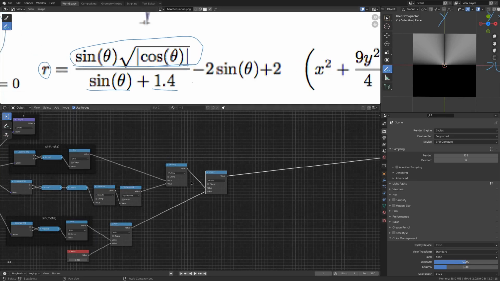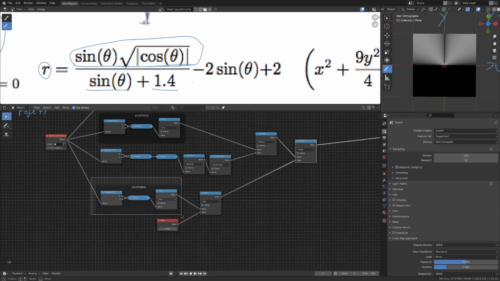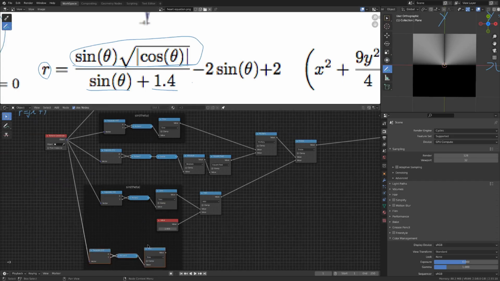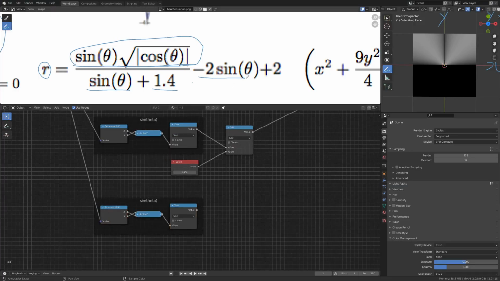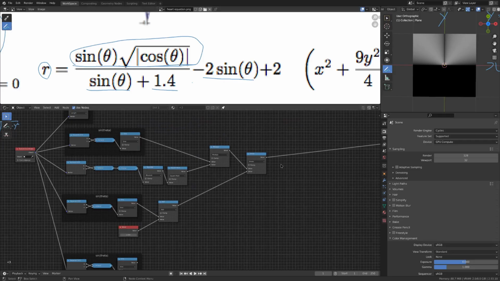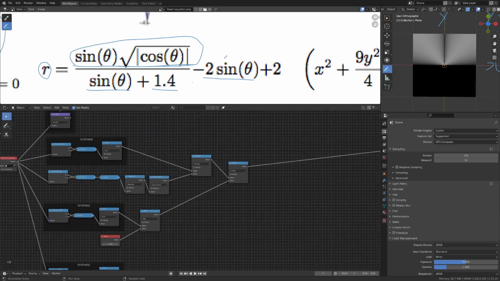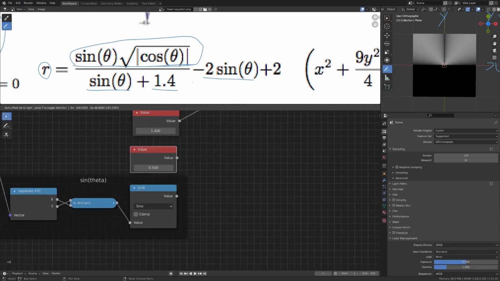And we are going to make sine theta again. There are a lot of sine theta today. Sine theta, oops. Ctrl Shift D, sine theta, and multiply with 2. Okay, so we need to multiply with 2 and multiply with 2.